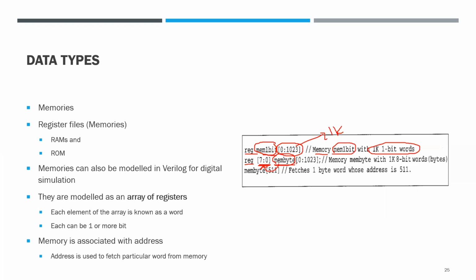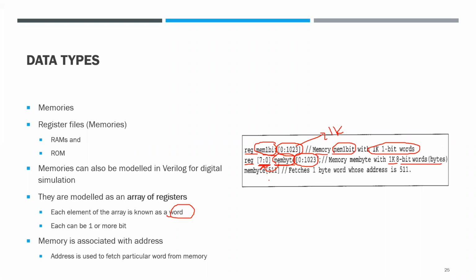So that is 1 byte, and 1024 of them are present. So it is 1K words, 8 bits in length each. There are 1024 words, and each is 8 bits in length.